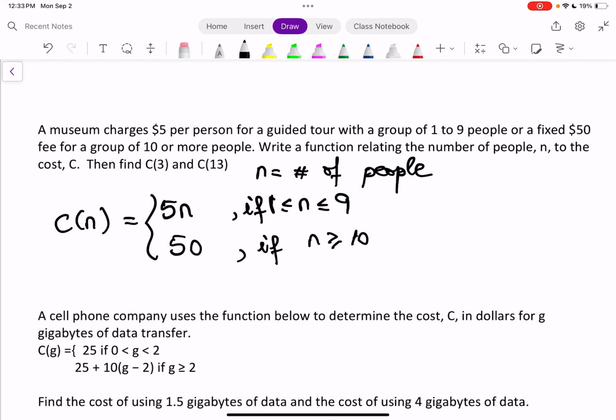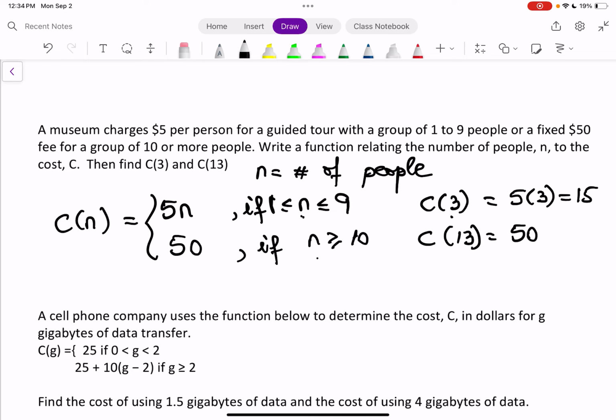Okay. So let's see, what would be the cost of bringing in 3 people? Well, n is 3, a number between 1 and 9. I have to use the first part of the definition. So 5 times 3, it'll cost $15. What is the cost of bringing 13 people? Well, 13 is a number more than 10, so that cost is $50, right?